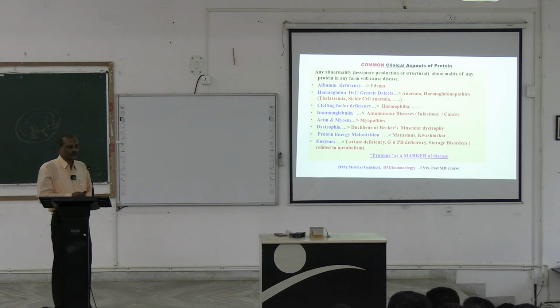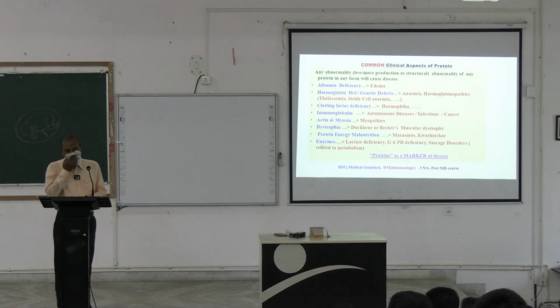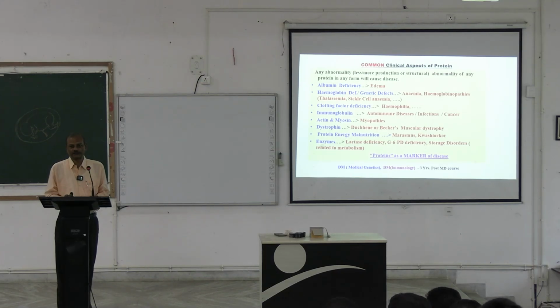So protein as a marker of disease, because during disease there are some proteins whose levels are increased. So that increased level is taken as a marker. Suppose there is a cancer, a particular protein released from the cancer cells, and that level is increased in the blood.